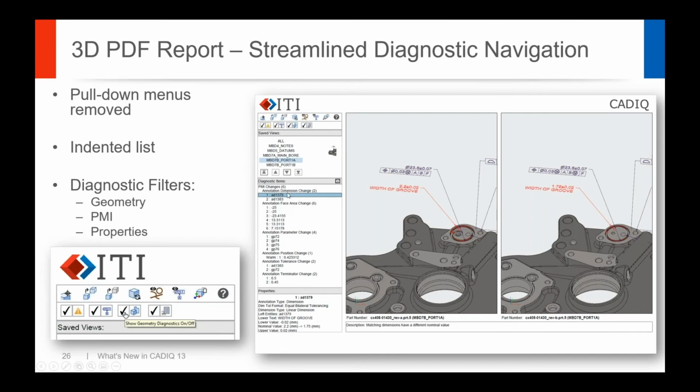So, annotation dimension change, face area change, annotation parameter change. Then you'd have to hit a pull-down menu to pick the diagnostic that you want, and then it would list the diagnostic items under each of those diagnostics. So you kind of had 2 levels of pull-down menus to get to seeing the list of diagnostics. So now what we've done is we've removed those pull-down menus, and we're presenting everything in just an indented list.